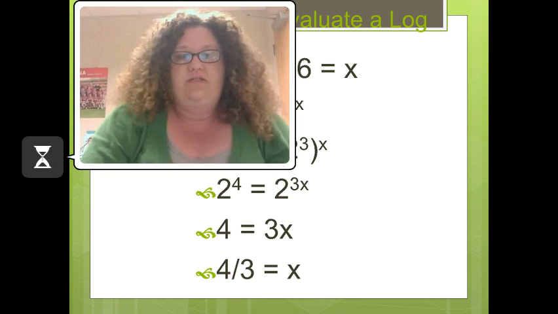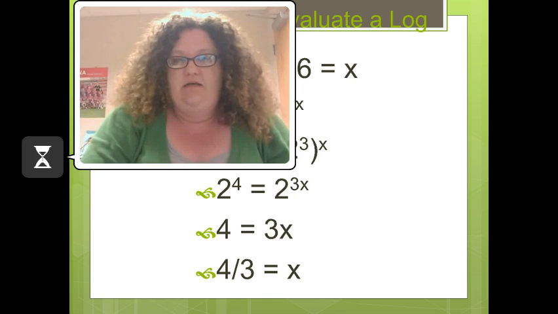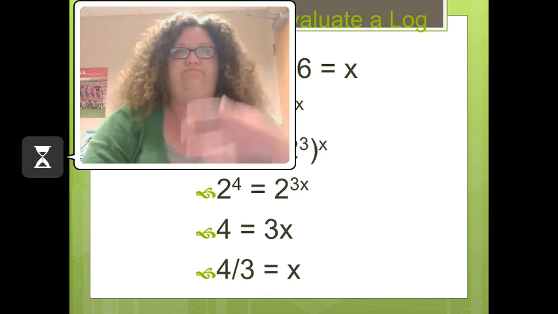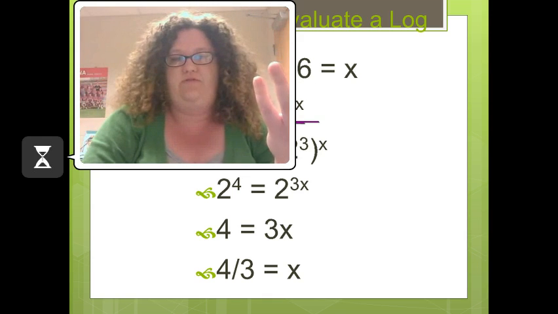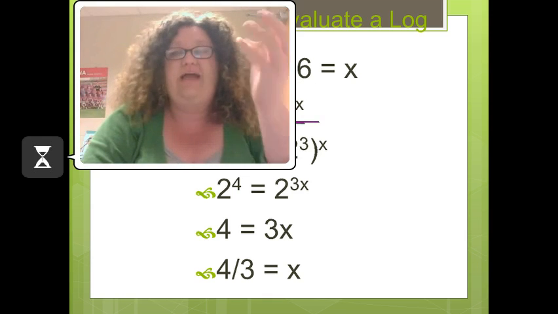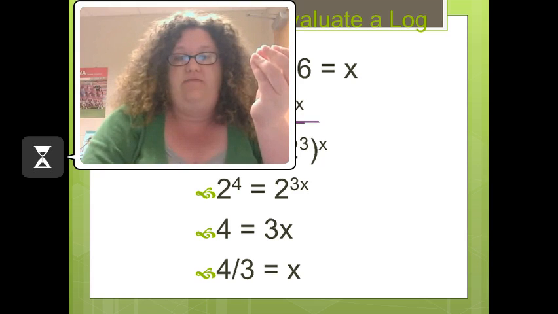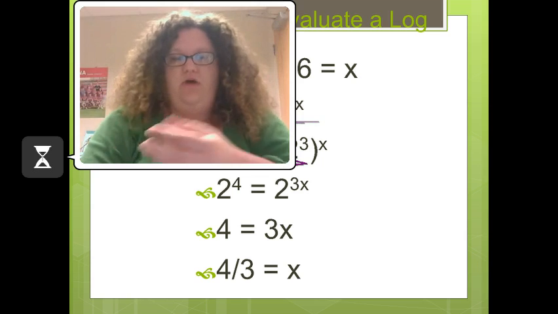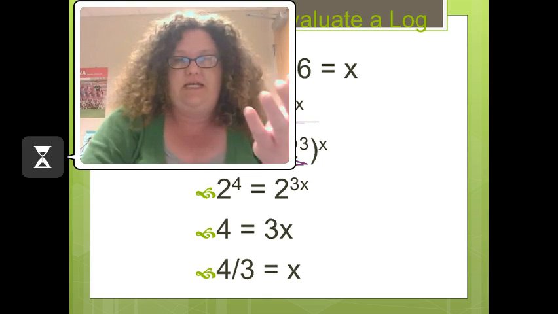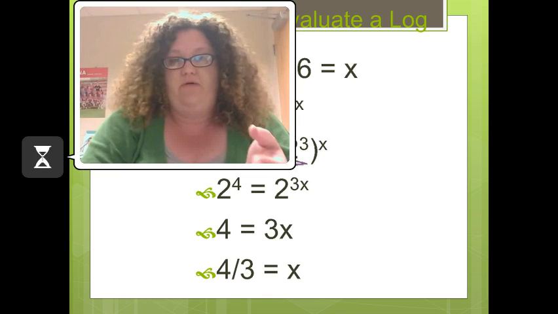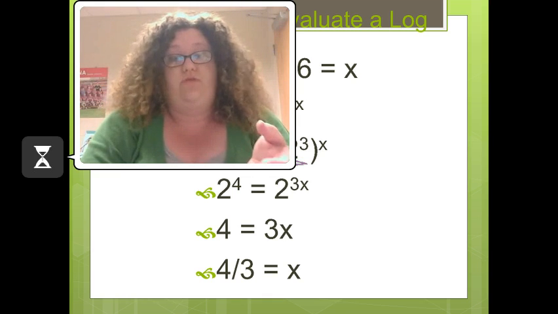Since 16 can have a base of 2, 2 to the 4th power gives you 16, and 8 can also have an exponent form with a base of 2, that's 2 to the 3rd power. You're going to rewrite it so you have the base of 2 for both numbers. So 16 is equal to 2 to the 4th power, and 8 is equal to 2 to the 3rd power.